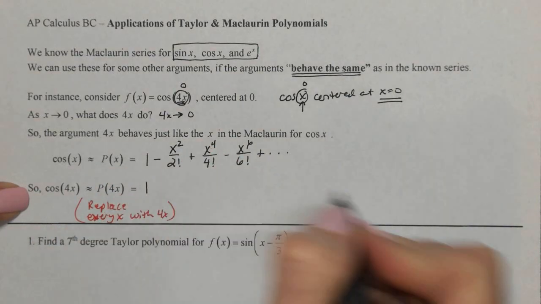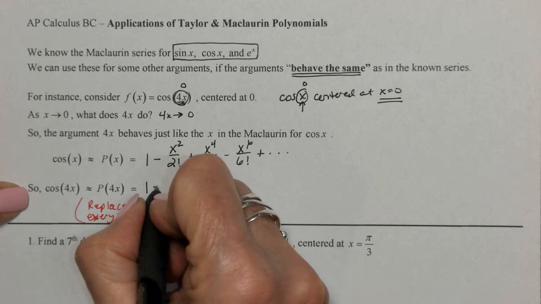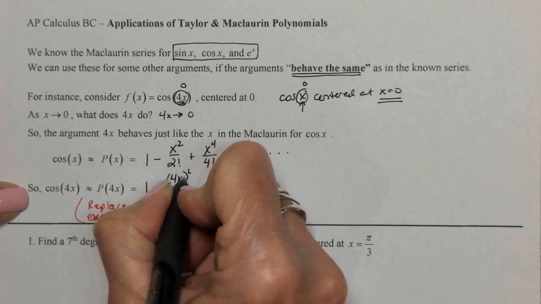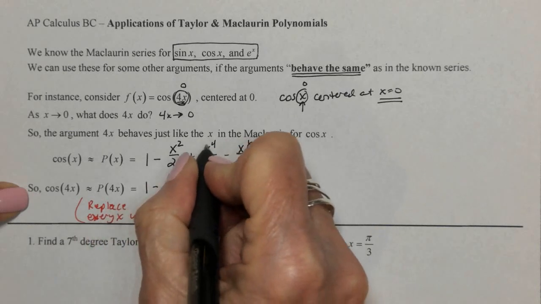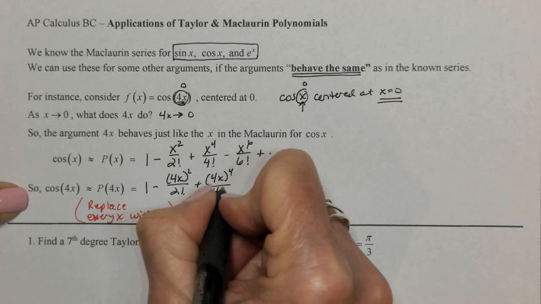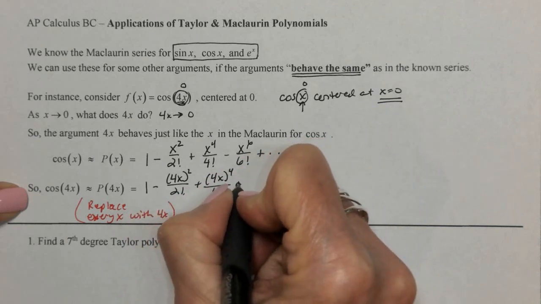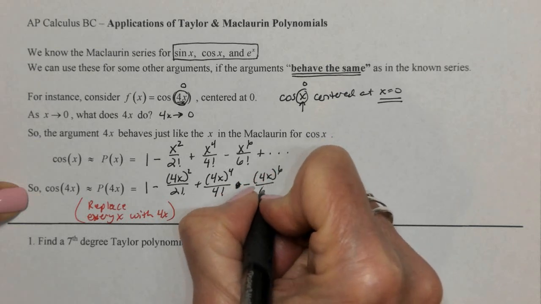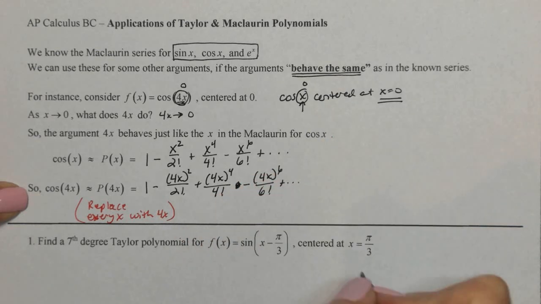So the 1 stays a 1. There's no x in it. Minus, I'm replacing that x with 4x. I'm replacing this x with 4x. Minus, I'm replacing this x with 4x. And it goes on and on.